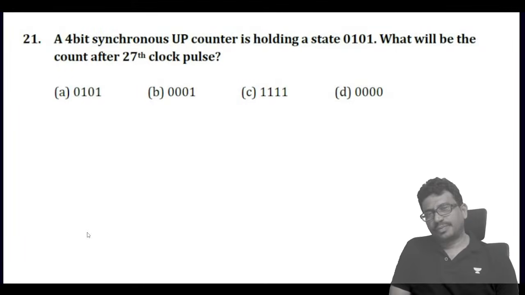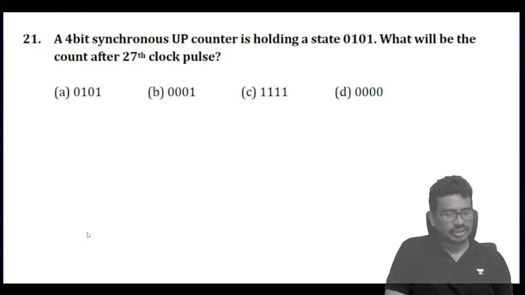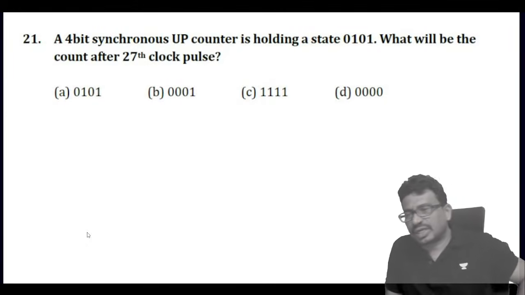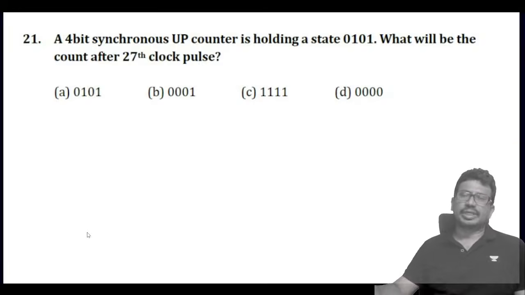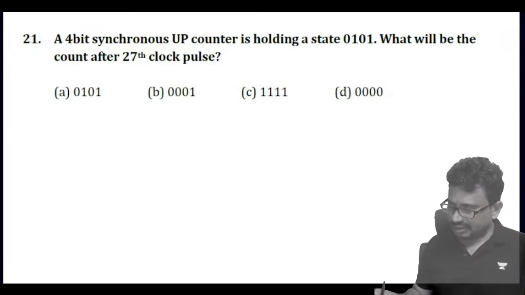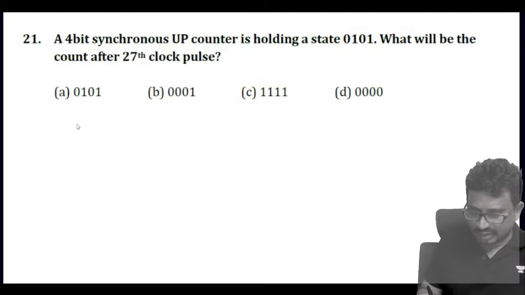Right, a 4-bit synchronous up counter is holding the state. What will be the count after the 27th clock pulse? After the 27th clock pulse, how much will it be? Initially, the state at the 0th clock, how much is it?